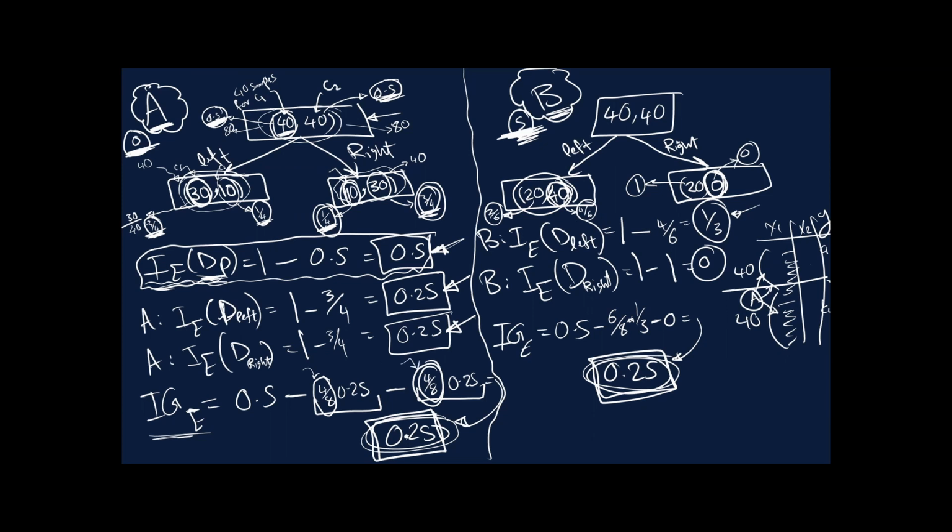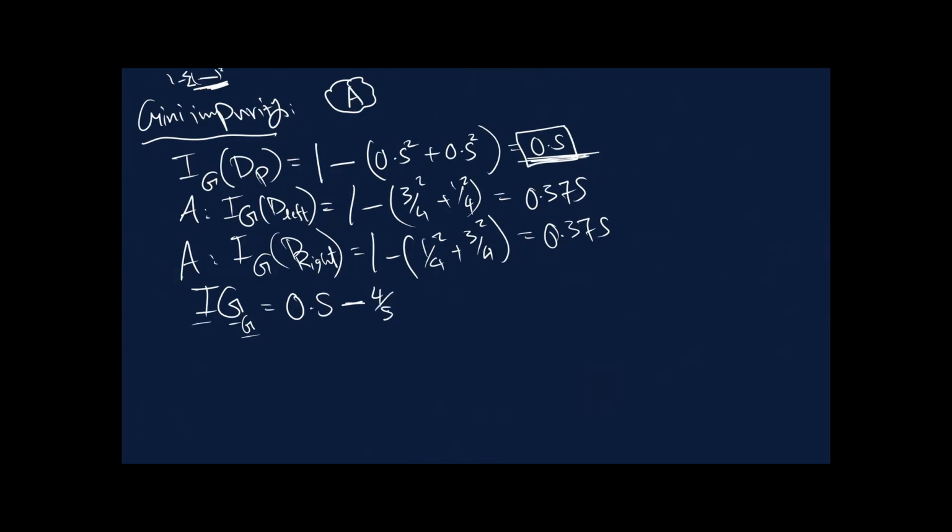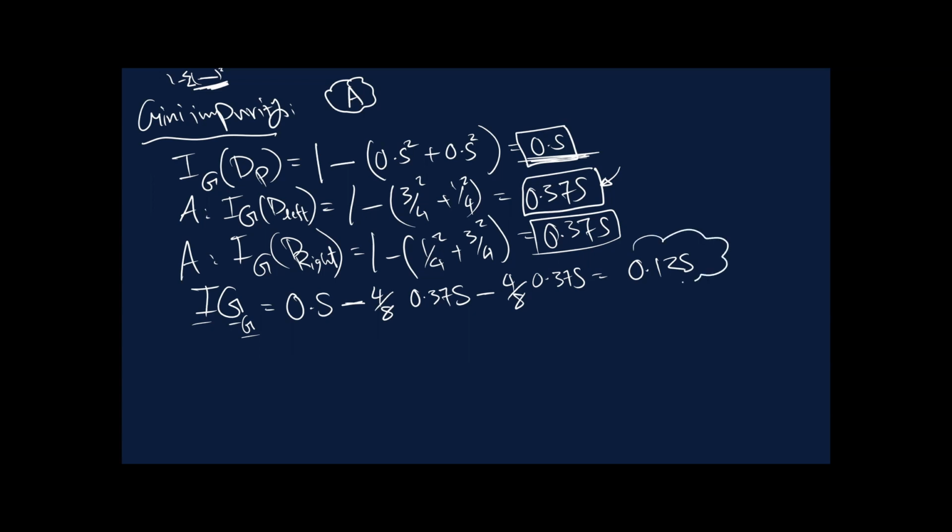So it's 4 over 8 for both of them in this condition. So it will be 4 over 8 multiplied by the impurity of the left child minus 4 over 8 multiplied by the impurity of the right child. And this would give us this final value for the information gain.